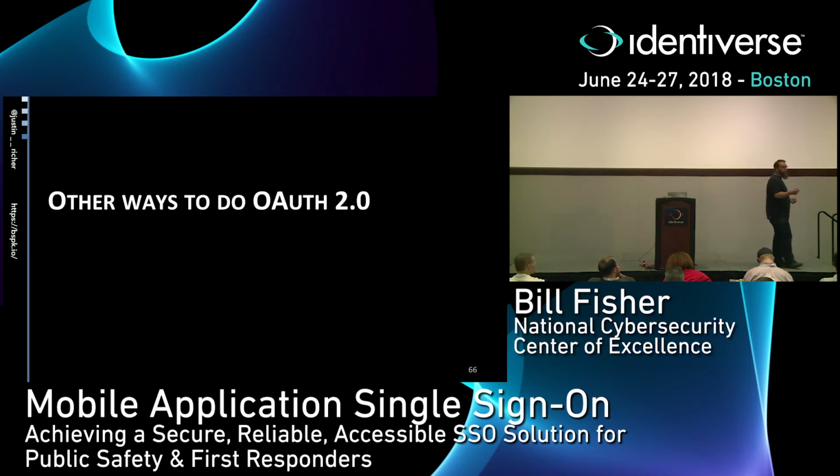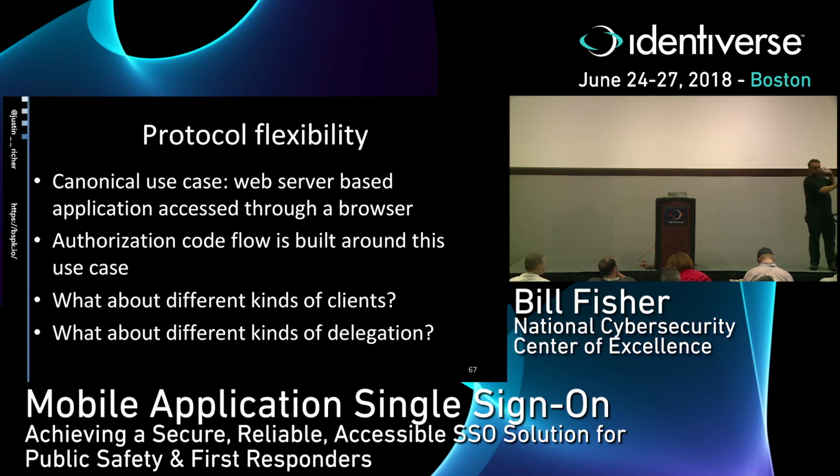So in a way, you can think of the implicit flow as a way to do kind of cross-domain cookie sharing, right? Because if I have a session with the authorization server, and I'm going to have a session in my single-page application, and I want to be able to call an API over there, I don't want to have to steal that cookie and replay it.